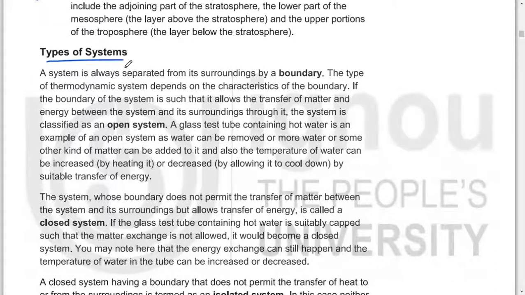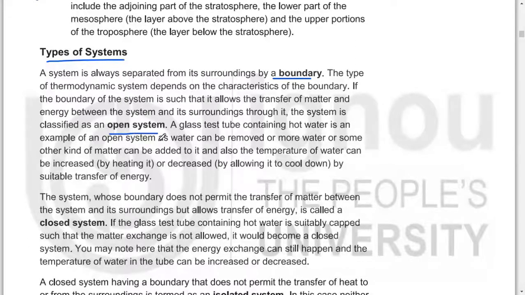Types of system. A system is always separated from its surroundings by a boundary. The type of thermodynamic system depends on the characteristics of the boundary. If the boundary of the system is such that it allows the transfer of matter and energy between the system and its surroundings through it, the system is classified as an open system.